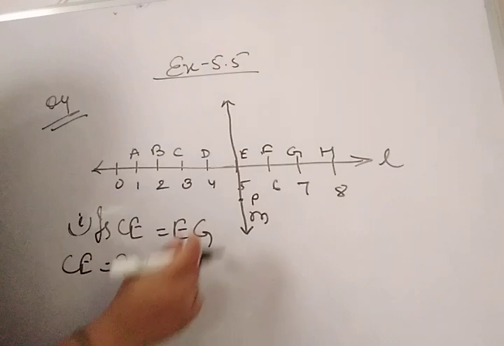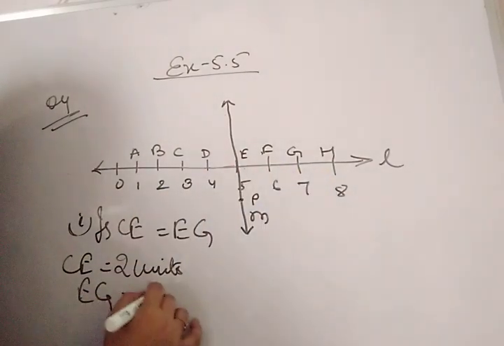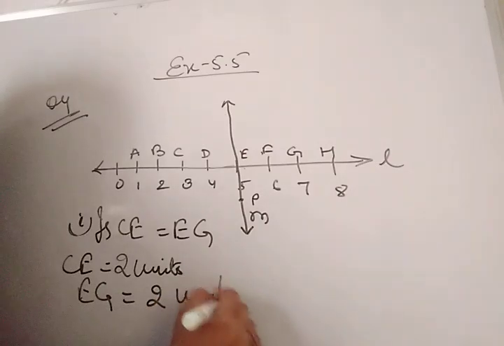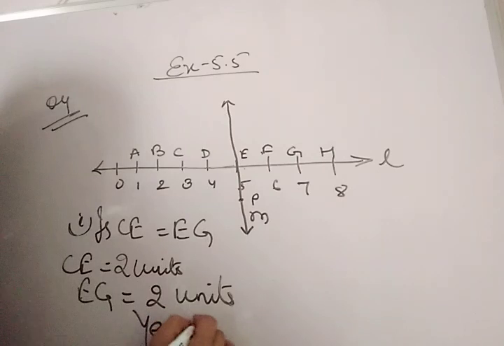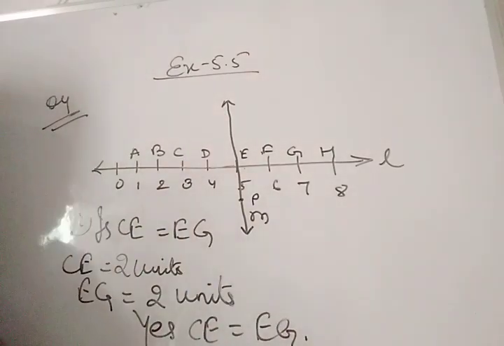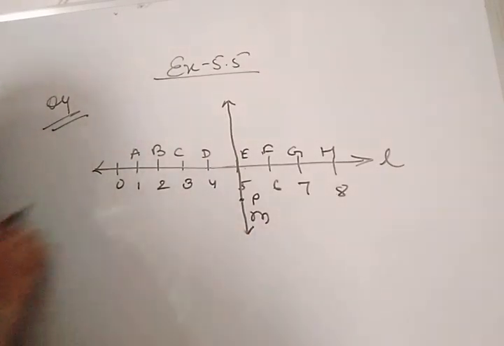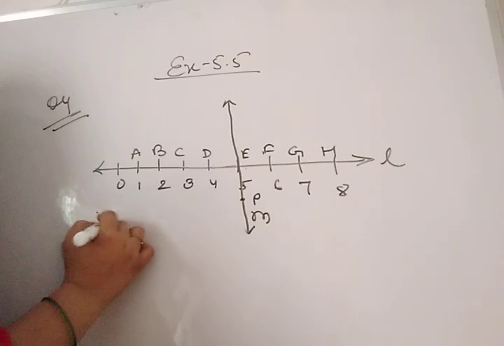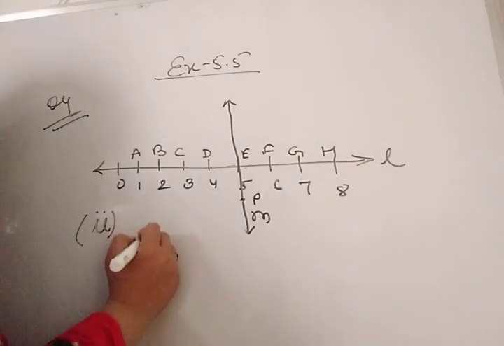CE is equal to 2 units and the length of EG is also equal to 2 units. So yes, they are equal. Yes, CE is equal to EG. Okay. Now come to the second part of this question. In the second part we have to tell, does PE bisect CG?